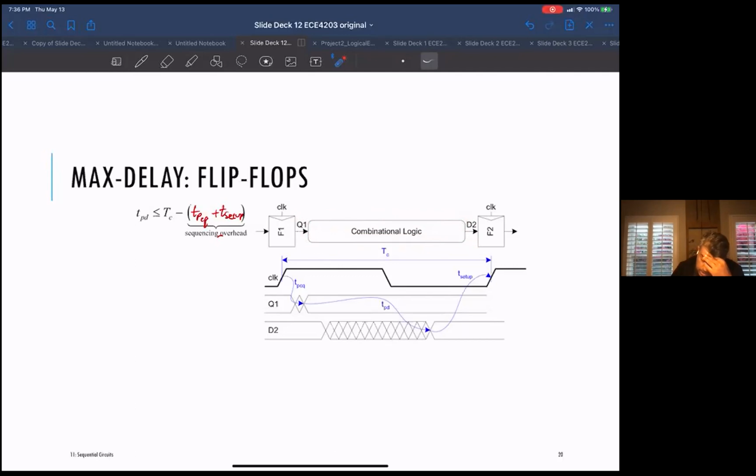The second option is not a great option, but at least it means your chip will work. Let's say your chip comes back and you realize things aren't working and your max delay is too much. Well, the good news is that you can reduce your clock speed. That means you can increase your clock period and still get your chip to work, right? This prop delay needs to be less than or equal to the clock period minus this amount.